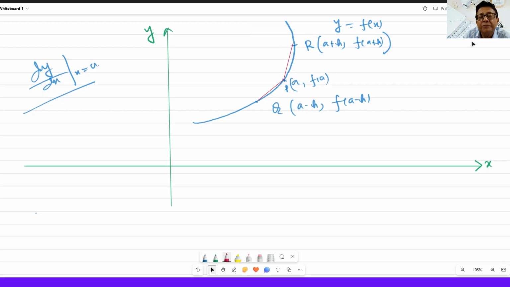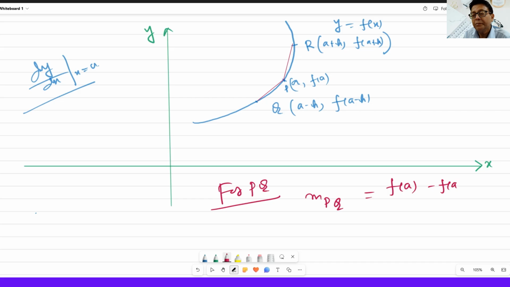Agree or not? Because for PQ the slope, m_PQ is what? f(a) minus f(a minus h) by h.